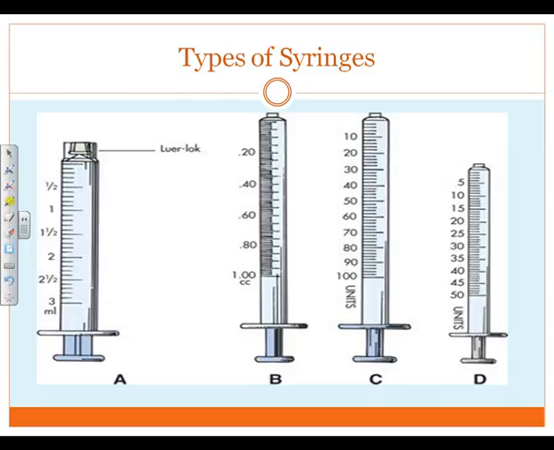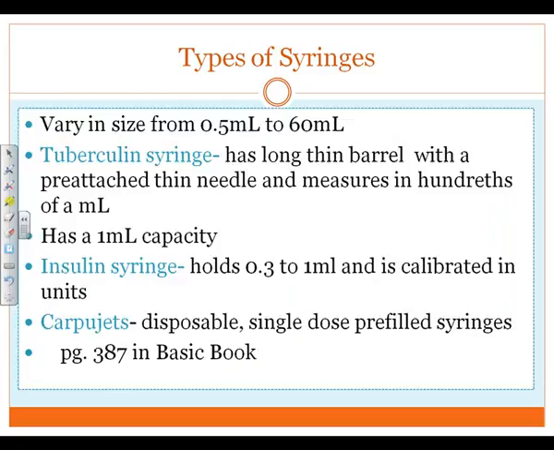Alright, any questions about what's on the board right now? Yes. No, we don't use 1 milliliter, 1 cc. Yes. Thanks. Alright, your syringes are going to vary in size. You can have a 0.5 milliliter syringe all the way up to a 60 milliliter syringe.